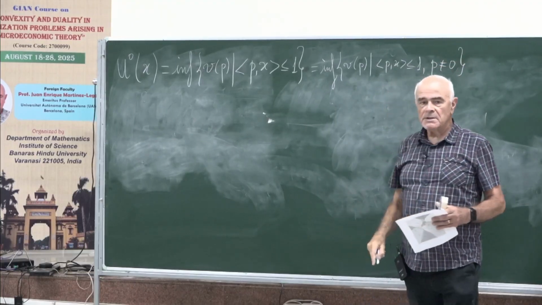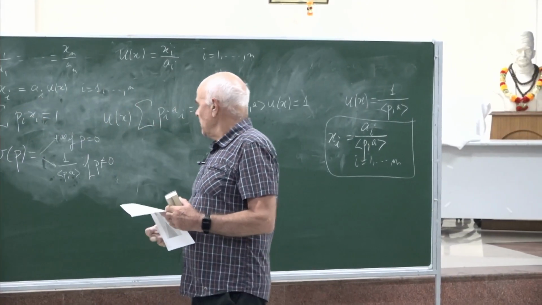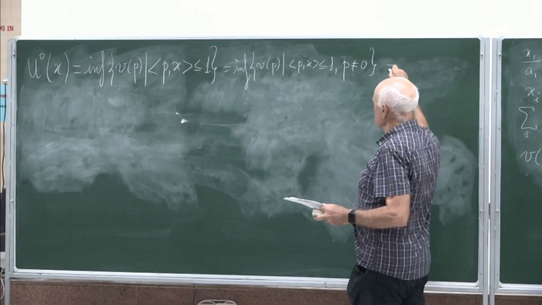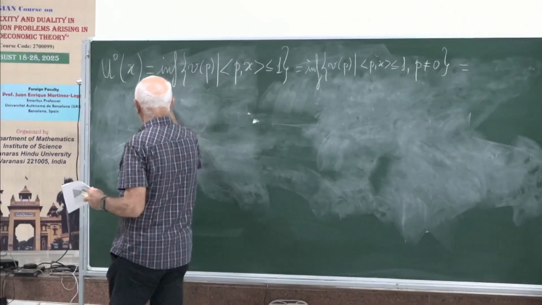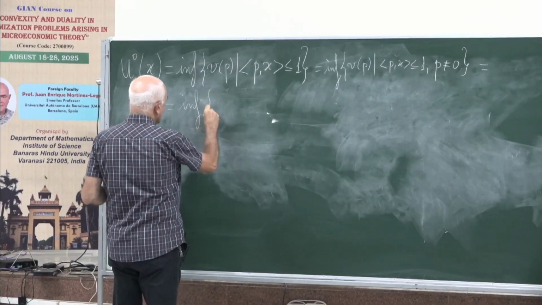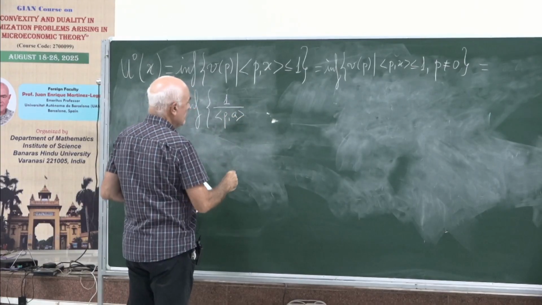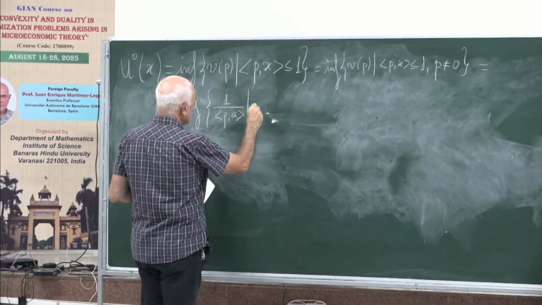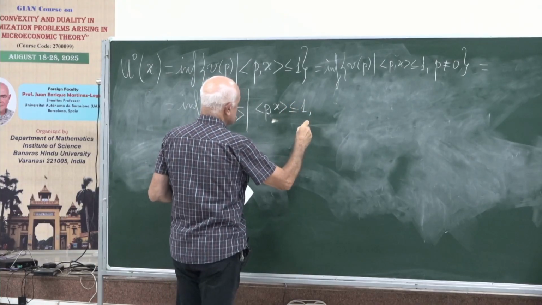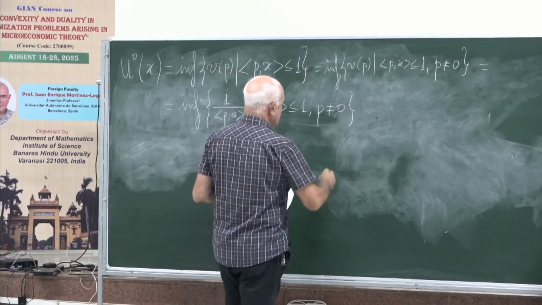And imposing these extra constraints allows me to use the expression we just found for the indirect utility function we obtained. So this is the infimum of 1 over pa subject to px is less than or equal to 1, p is different from 0.